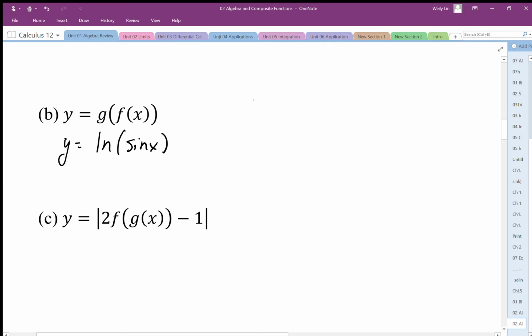Okay, so when we look at the graph of this, we know that at sine 0 we have 0, and 0 is not possible for log. At pi/2 we're going to get the maximum sine value of 1, which is going to give us the maximum log value of 0. So that's going to be at pi/2.